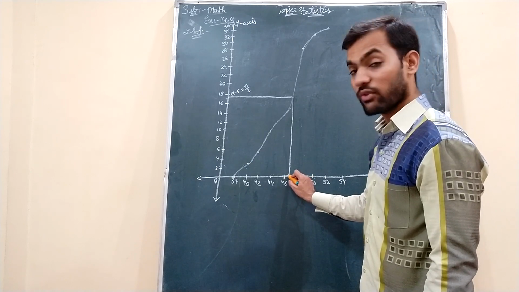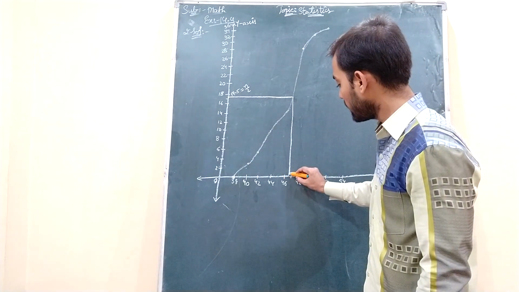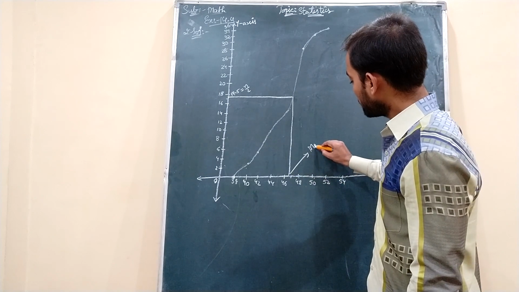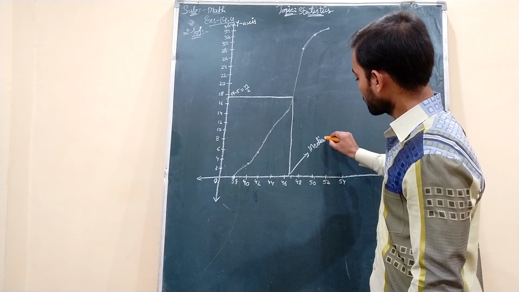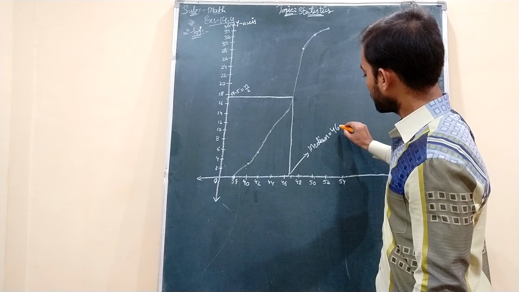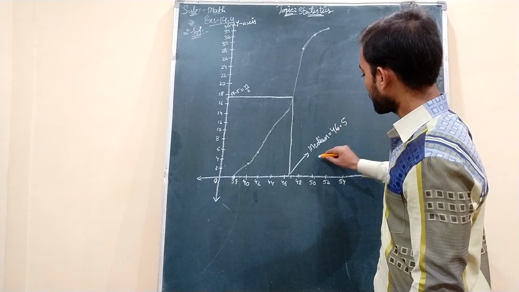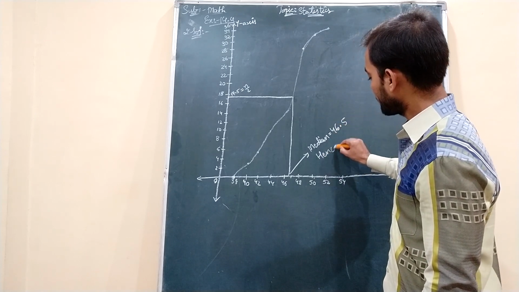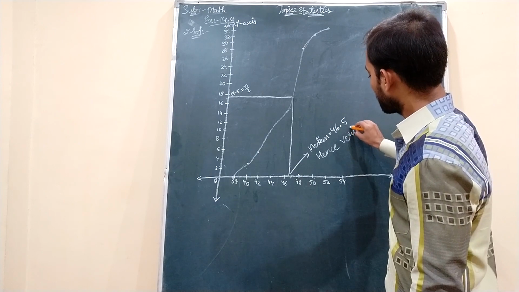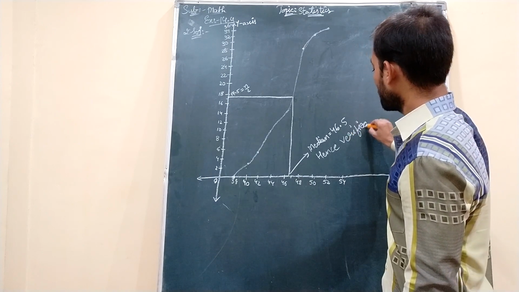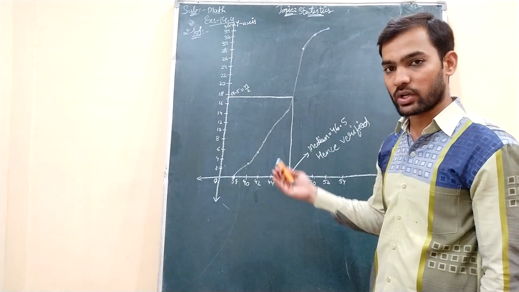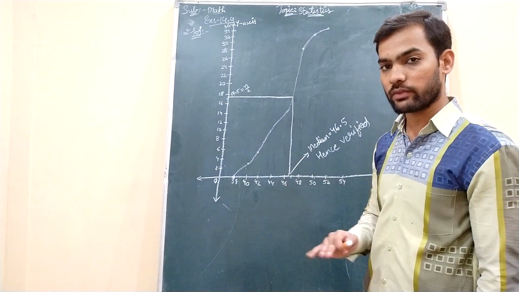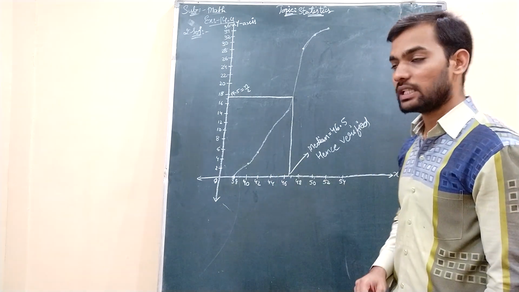In between 46 and 47 you will get 46.5, right? So this is your median is equal to 46.5. Then we will write hence verified. Okay. There also we got median as 46.5. Here also we got 46.5, which means we have verified the median.